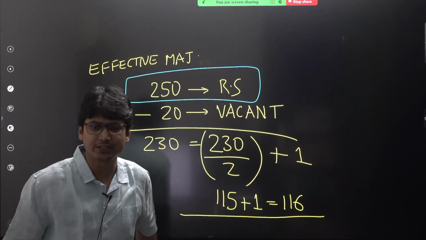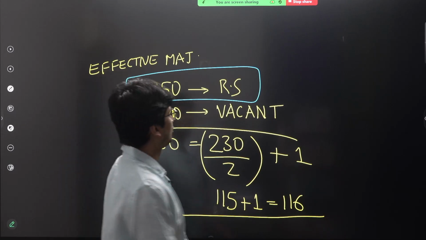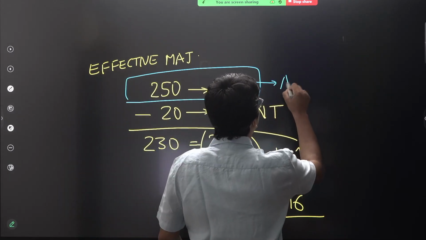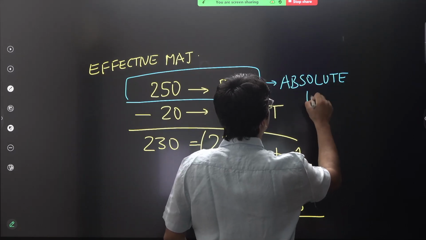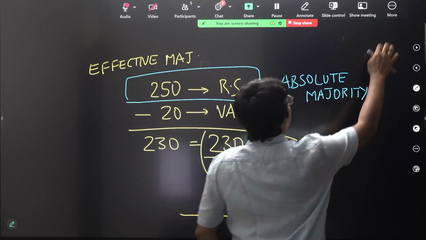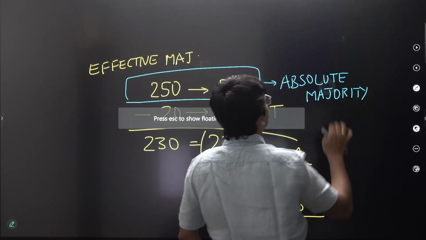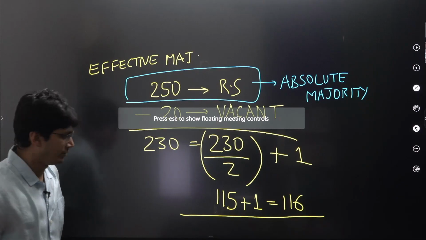This year only a question has been asked in your prelims. What would be the absolute majority here? 126. Perfect.